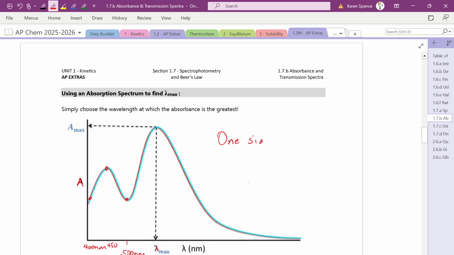This is one single sample measured at different wavelengths.